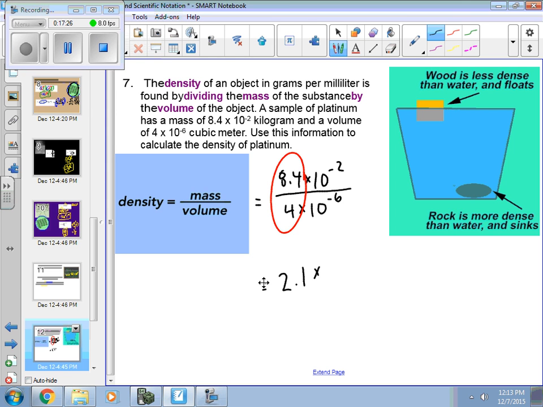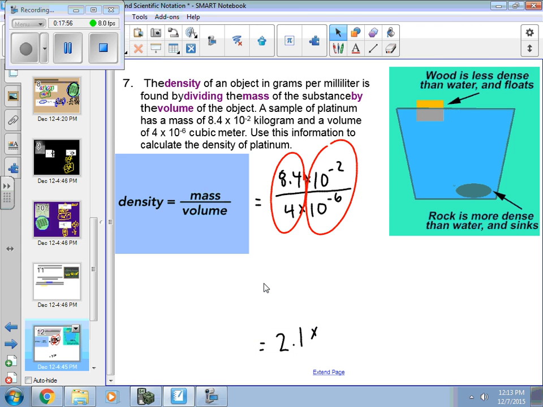So that's going to be 2.1. Now we want to divide the powers of 10. Now here's where you've got to go back to what we just learned. What do you do when you're dividing powers? You need to subtract. Now both of these are negative right now. It might be easier to divide them if we were to make them positive. So what would this look like if we made it positive? Let's change these to positive ones.